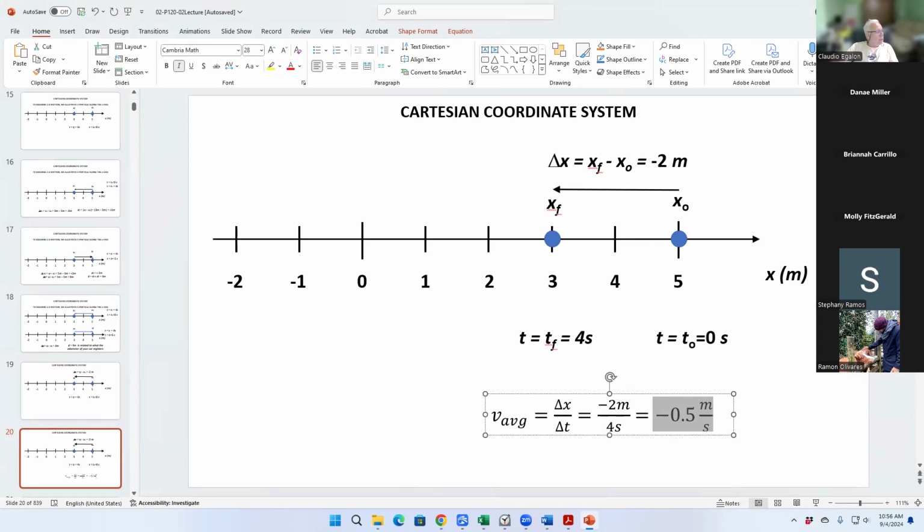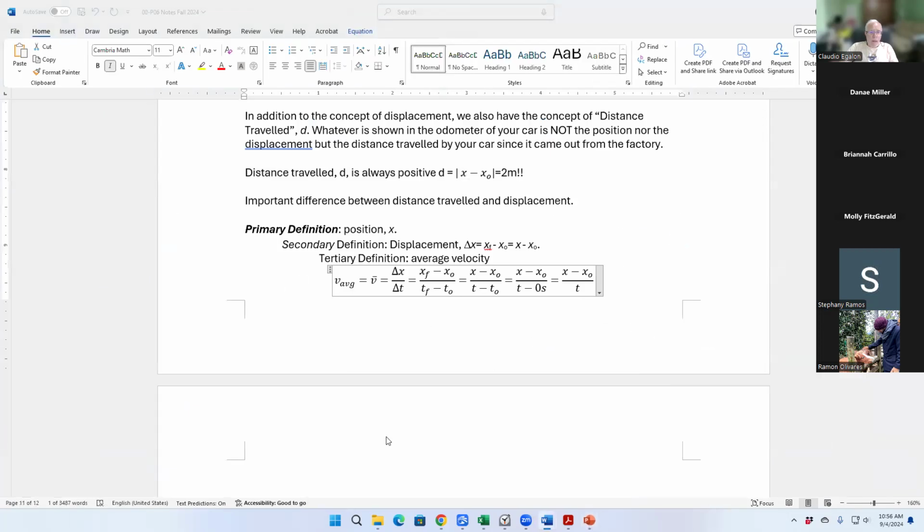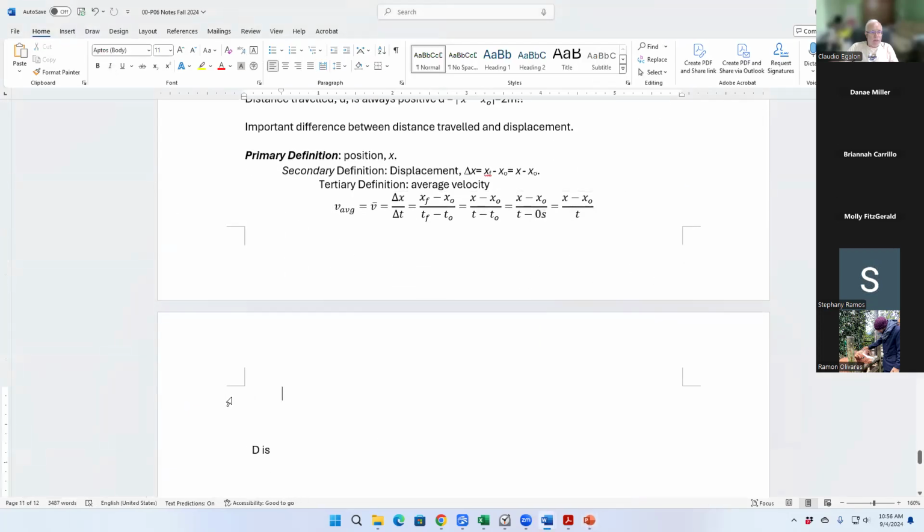Remember also what I told you last time, right? You can never have sum and subtraction between quantities that have different units.